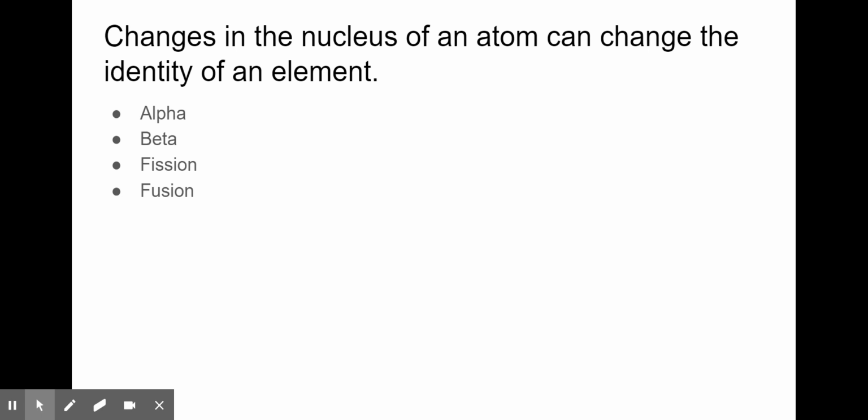Nuclear fission involves one nucleus splitting apart to form 2 nuclei, okay? Each of those has a smaller atomic number. Nuclear fusion is where we take 2 nuclei, we bring them together, and we form a nucleus with a larger atomic number. Nuclear fusion takes place in extremely hot environments. Think back to those cards that we just looked at.